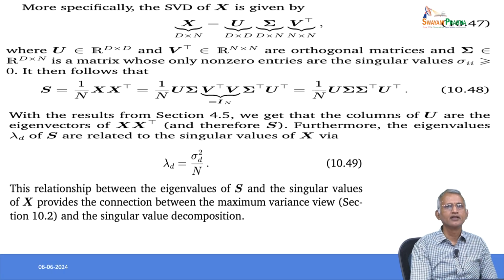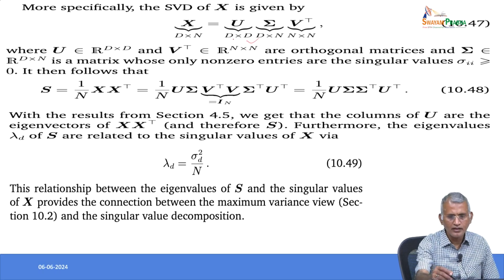U is an orthogonal matrix of size d cross d, and V transpose is also orthogonal of size n cross n.